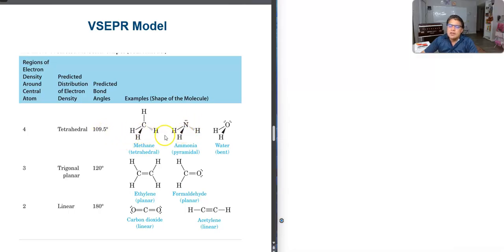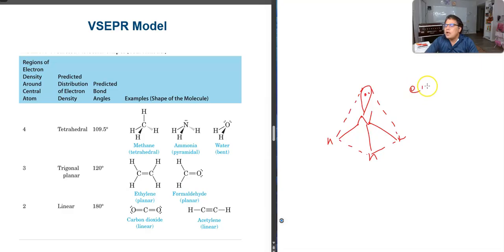So with nitrogen here and an electron cloud here, with the hydrogens, this is pyramidal, but if you include the electron cloud also, this is tetrahedral, right? So the electron cloud is tetrahedral, and the number of lone pairs is one. If one lone pair, it is pyramidal.